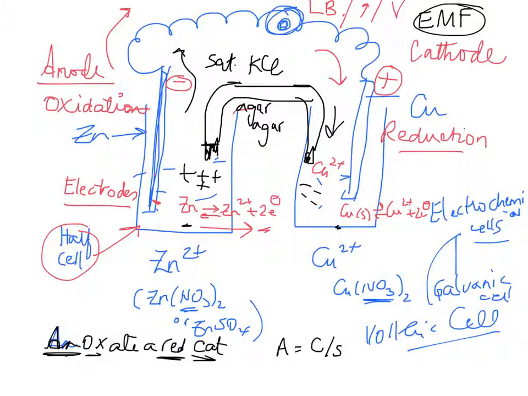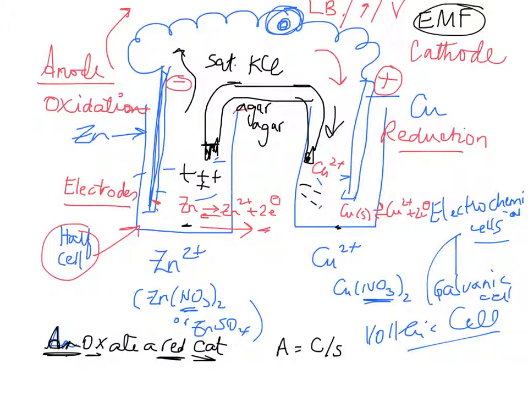And it behaves as a salt bridge, which contains a strong electrolyte like KCl or KNO3, which basically connects the two half cells. And so since there's the electrolyte which is suspended in the gel, you're able to prevent the generation of too much positive charge on the left side, and too much negative charge on the right side.